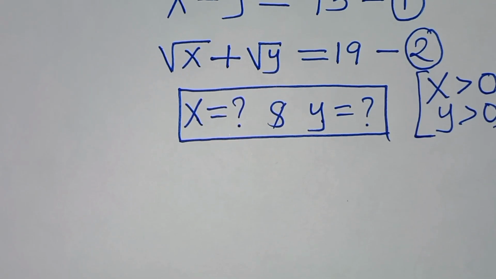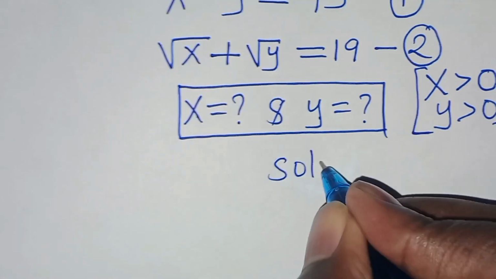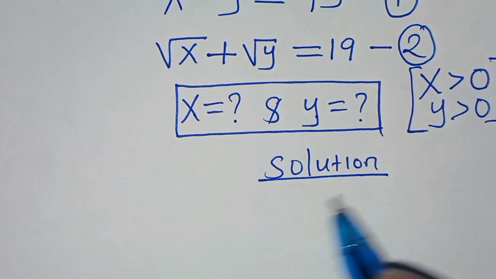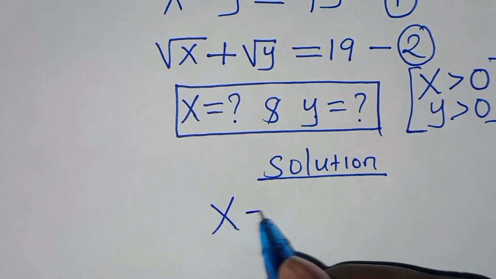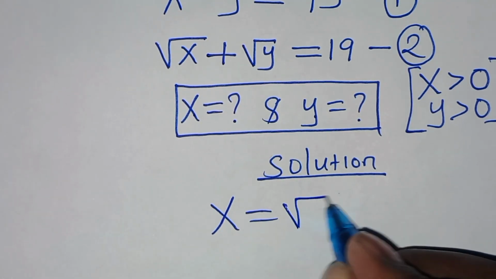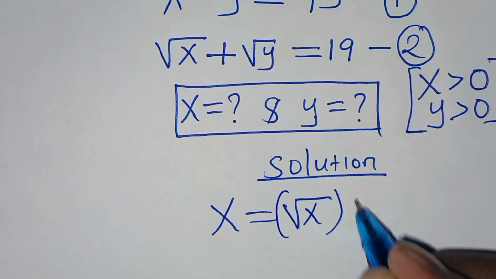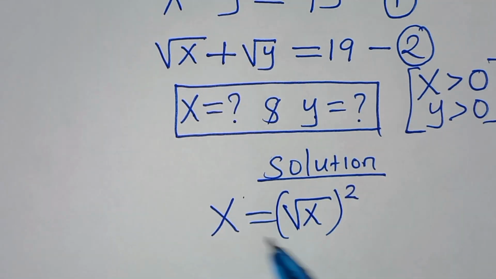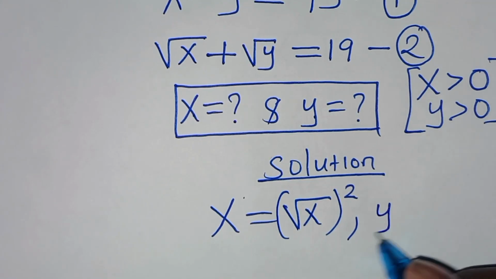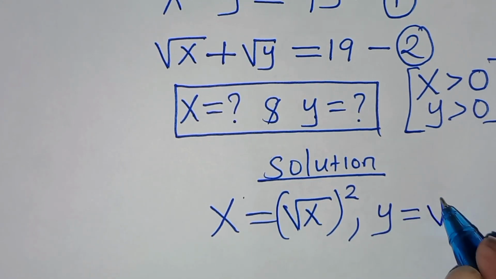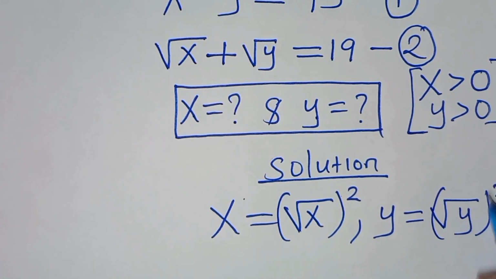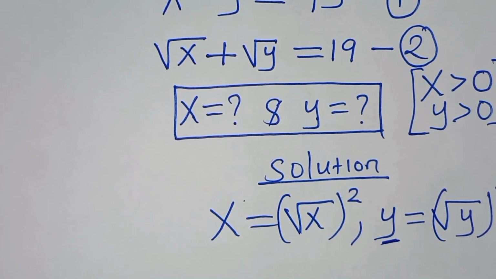Now, let's present the solution here. We have that x is the same thing as square root of x squared, and we can express y as square root of y squared, which is the same thing as y.